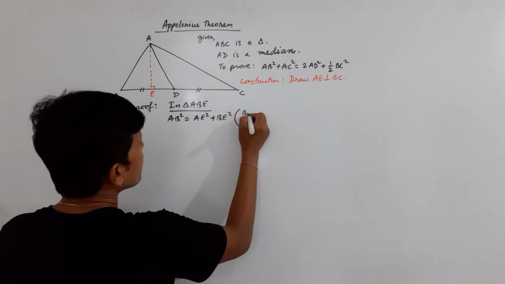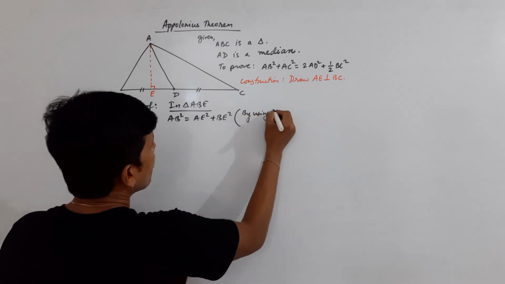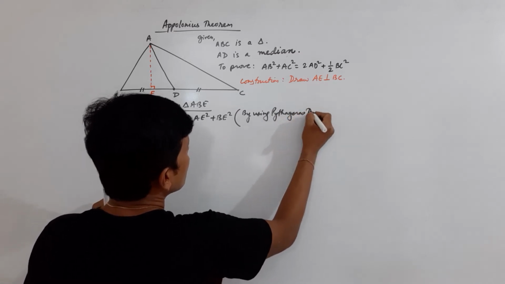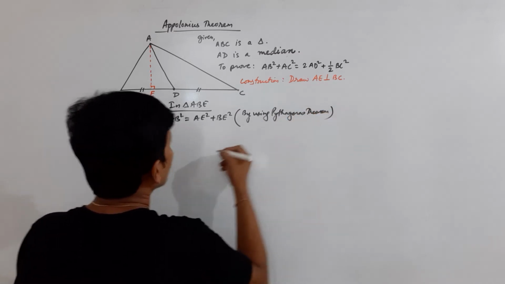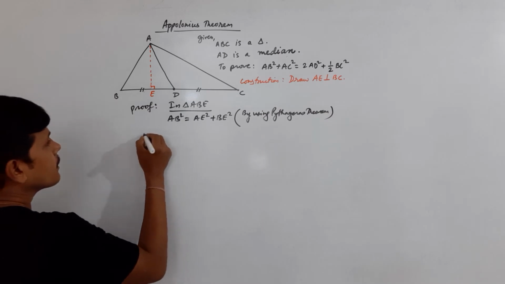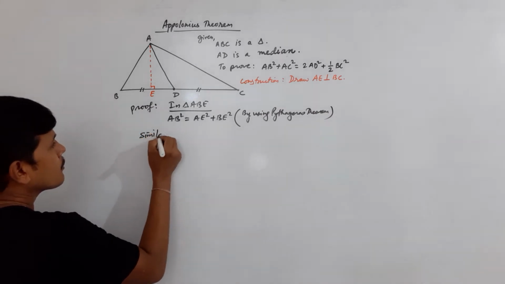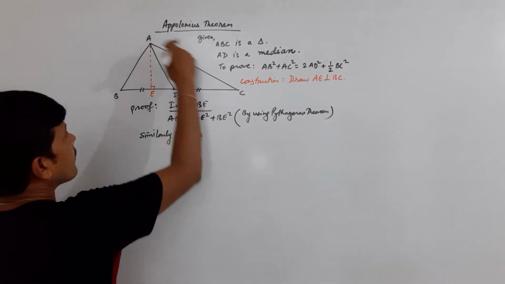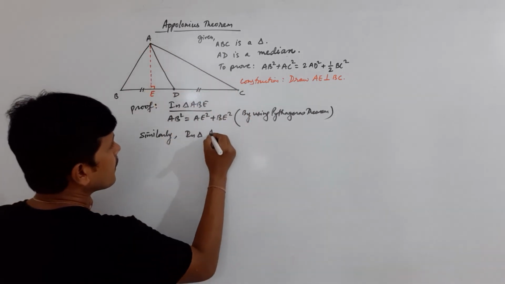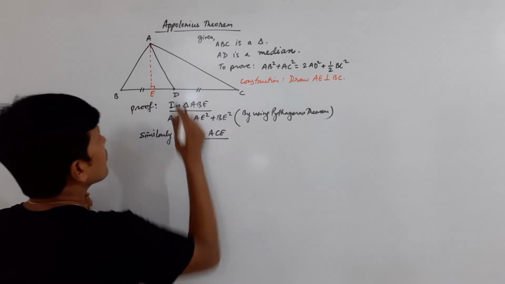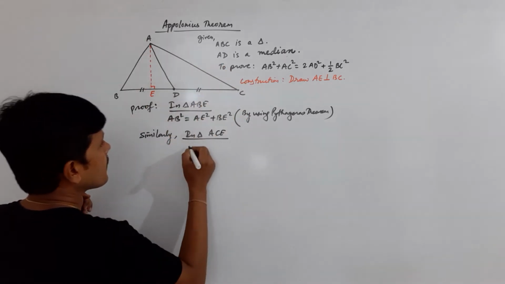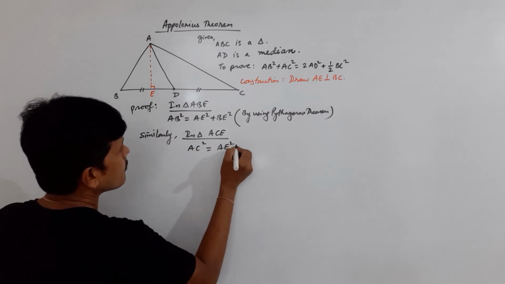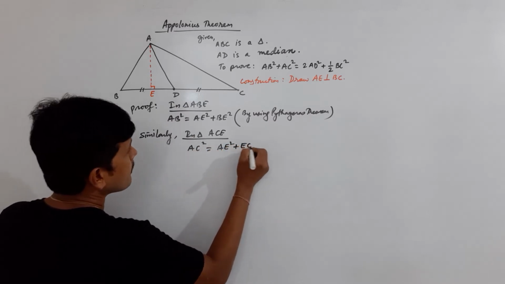This is by using Pythagoras theorem. Similarly, in triangle ACE, again using Pythagoras theorem, that is AC square equal AE square plus EC square.